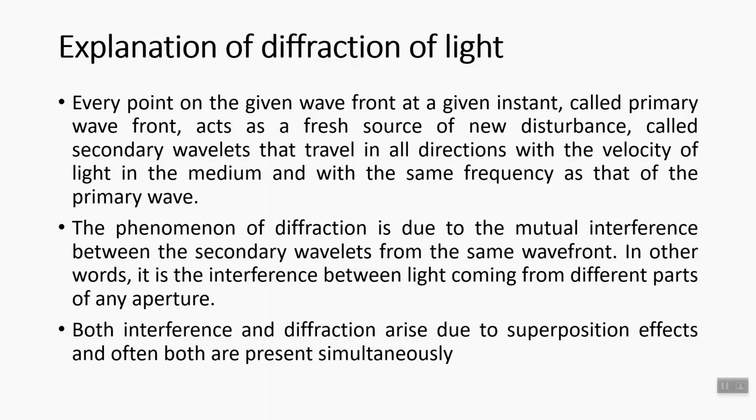It has been proved experimentally that the phenomenon of diffraction is due to the mutual interference between the secondary wavelets from the same wavefront. In other words, it is the interference between light coming from different parts of any aperture.